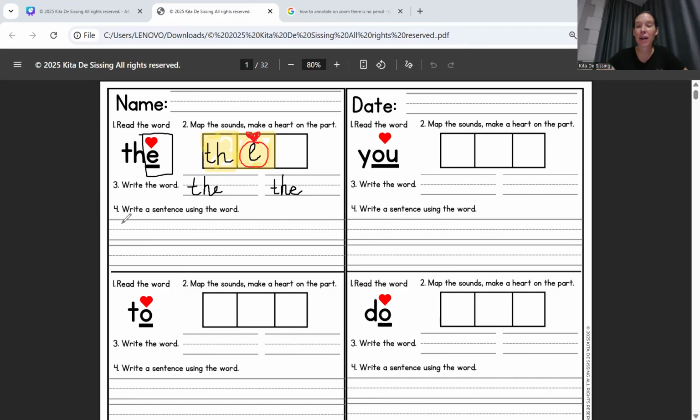I'm going to remember my capital letter, my spacing, and my punctuation. The, space, man, runs, fast.